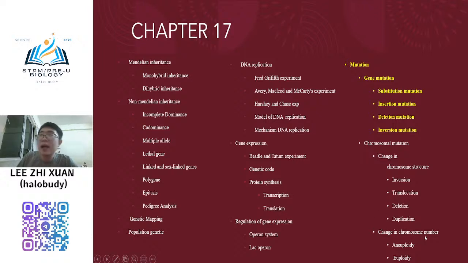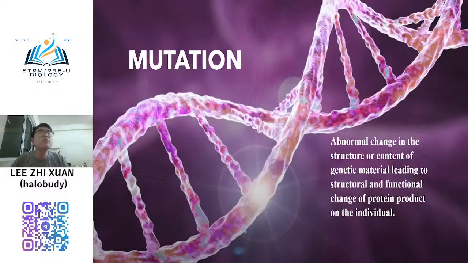Structural changes include inversion, translocation, deletion, and duplication. For chromosome number, normally you see diseases and symptoms such as Down syndrome, Turner syndrome, and Klinefelter syndrome. All of this you already learned in SPM, so it is just a recap. This topic is very easy compared to the previous topic because you already learned it in SPM. So what is the meaning of mutation?